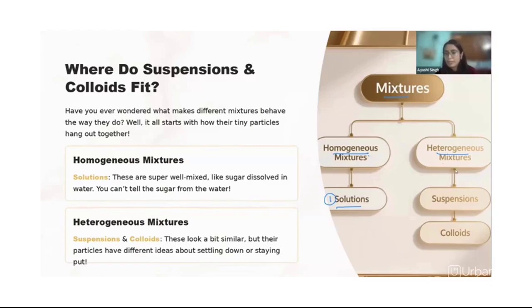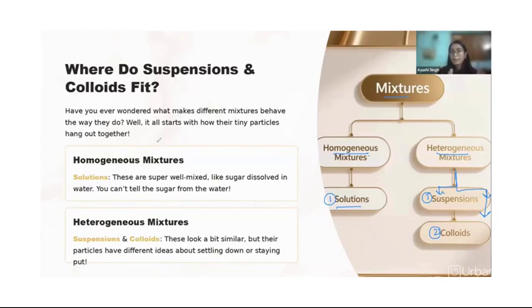Suspension and colloids both come under heterogeneous mixture. There are several reasons, because their particle size is bigger than the solute size in solutions, and you'll also see several other properties of them.